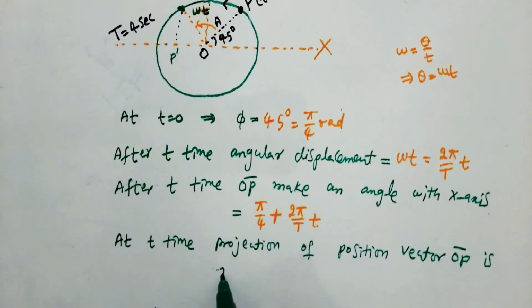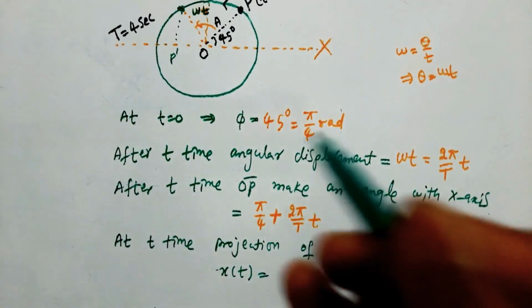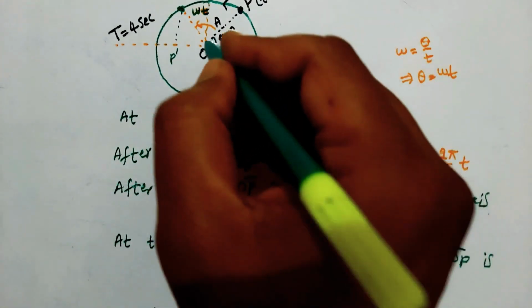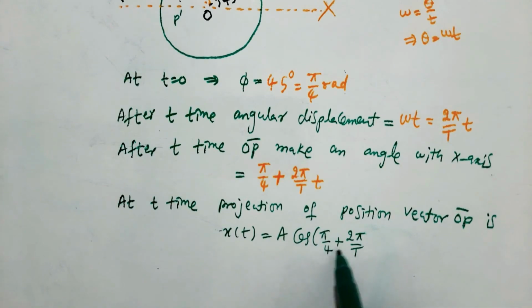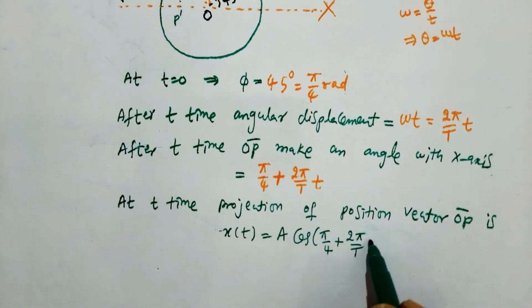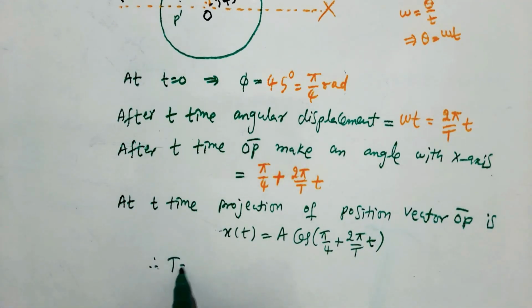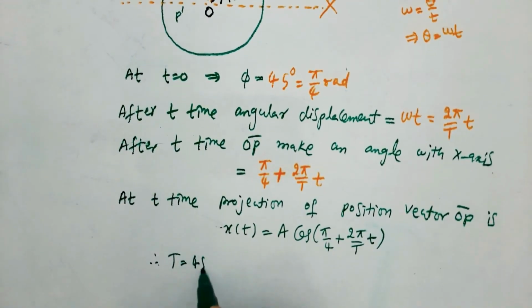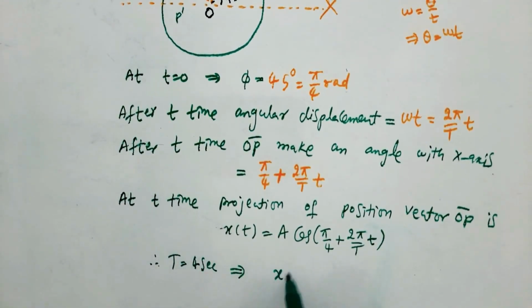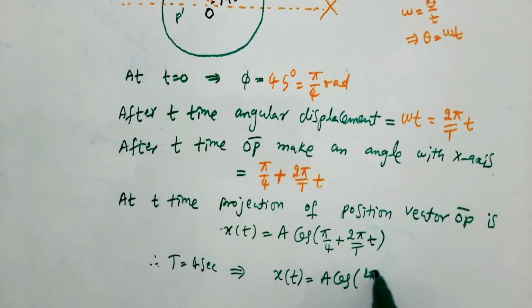So x of t is equal to, how can we write, the amplitude A cos of pi by 4 plus 2 pi by T into small t. Here T is given as 4 seconds. So x of t is equal to A cos of 2 pi by 4 t plus pi by 4.